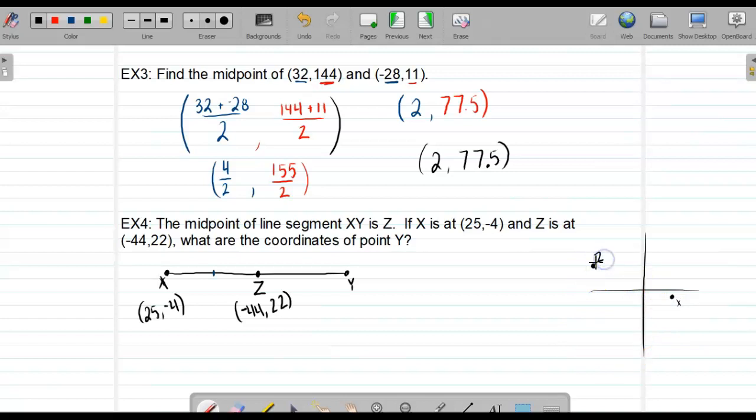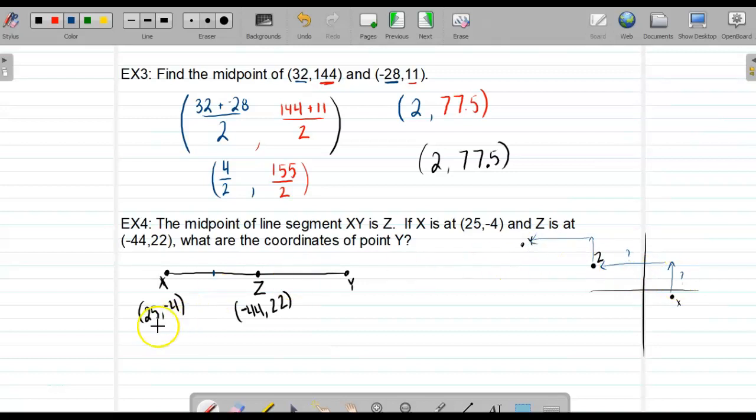There's my Z. So, Y, I know is going to be over here somewhere. So, on the graph, what we did is we just counted up however many, and over however many, and then we just did that again. Right? So that's what you're going to do with this.